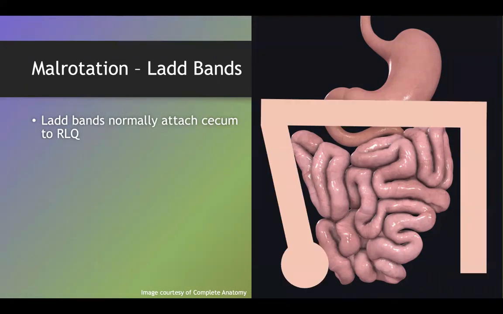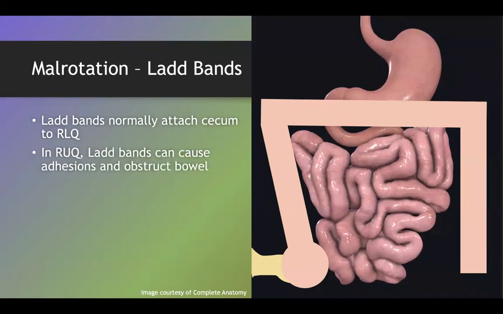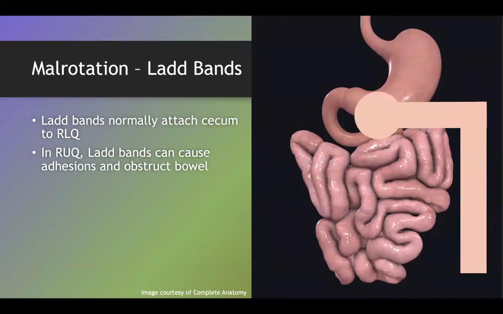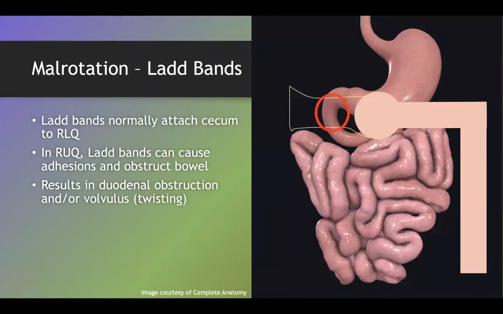So if this is our normal colon, Ladd bands can attach to the right lower quadrant and everything's good. The problem is that if you have malrotation, your cecum might be in the right upper quadrant here. And so a Ladd band attaching to it could actually cause an obstruction, especially in this duodenum right here. It can cause an obstruction or a twisting, or volvulus, in that region.